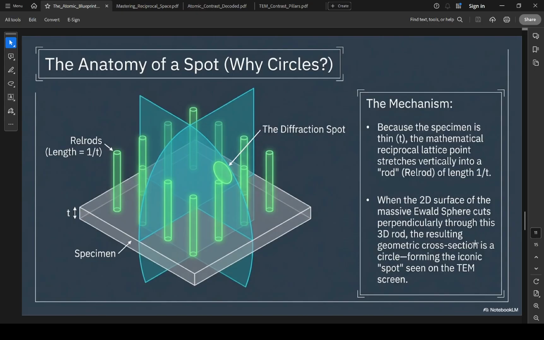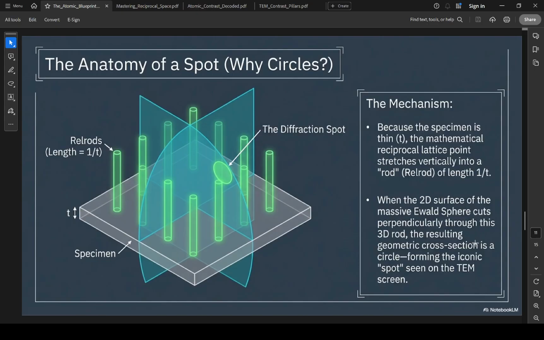And why do we get circles as spots? Because the specimen is thin, the mathematical reciprocal lattice point stretches into a rod, called a rel-rod, of length 1 by t. So if your real specimen has thickness t, your reciprocal lattice point will stretch into a rel-rod of length 1 by t.